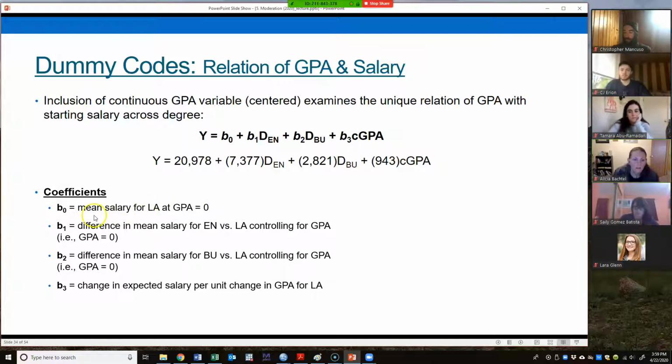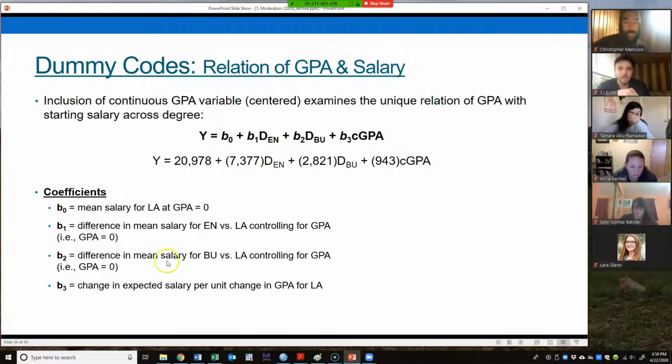Exactly. So again, my coefficient, if I'm interpreting literally, right? This is the mean, the expected starting salary for liberal arts majors with GPA held constant at 0, which means GPA held constant at the mean. Okay. My B1 coefficient for engineering is still the difference in mean salary for engineering versus liberal arts, but controlling for GPA, holding GPA constant at the mean.